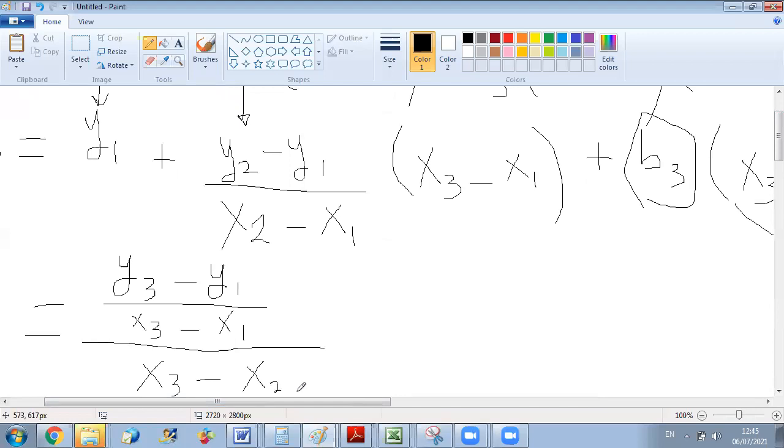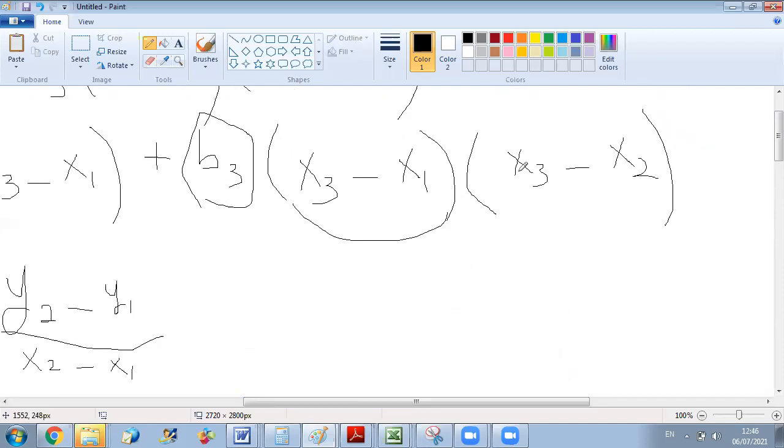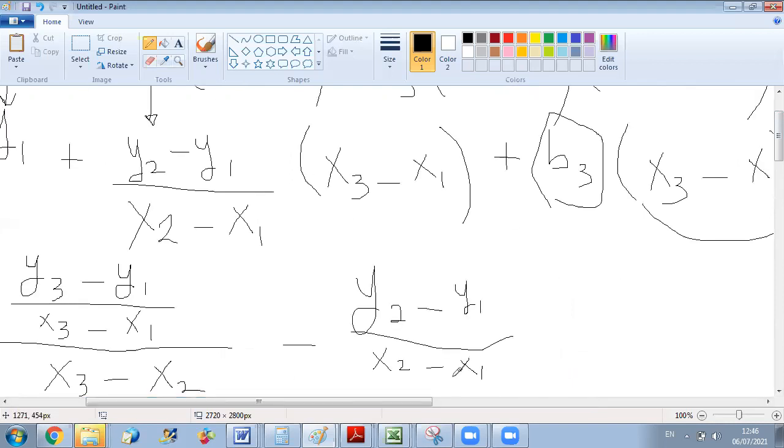And also I will perform the same for the second term. So for the second term also I take it to the other side. So I get minus (y2 minus y1) over (x2 minus x1). Now, since I am dividing by (x3 minus x1) and (x3 minus x2), x3 minus x1 will cancel out, okay?